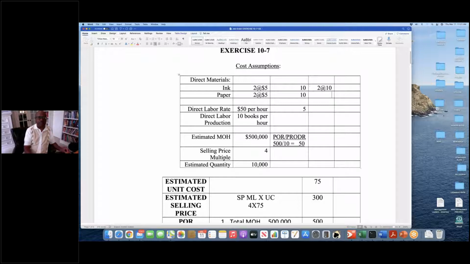Suppose the ink is 2 at 10. The paper is 1 at 5. Our labor rate is $15 an hour, and it takes us 3 hours per book.